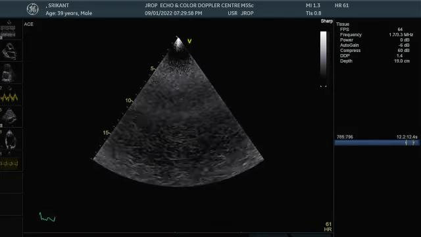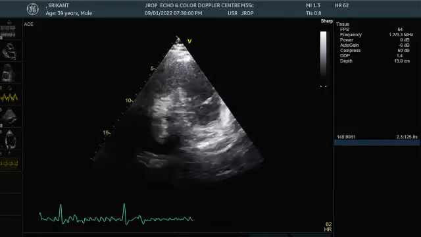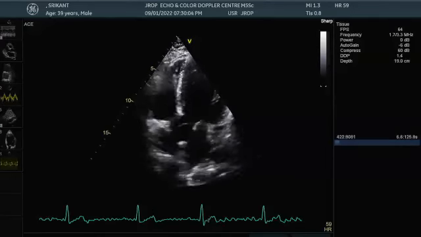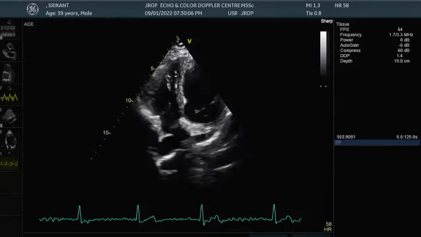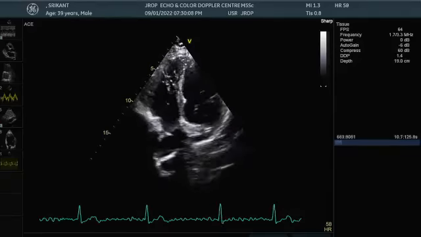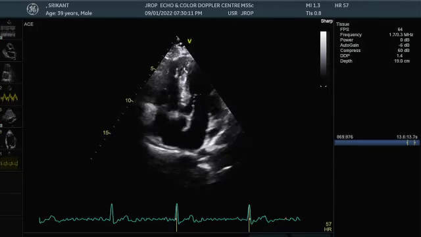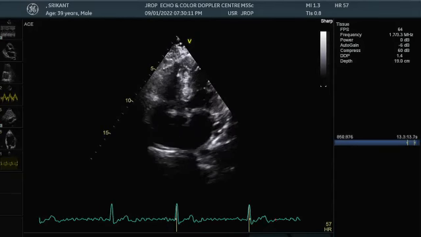You'll start seeing the LA appendage bigger when you have some stenotic problems. Now you can see the LA appendage.